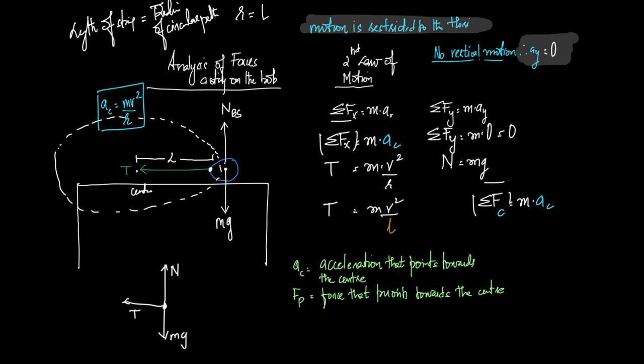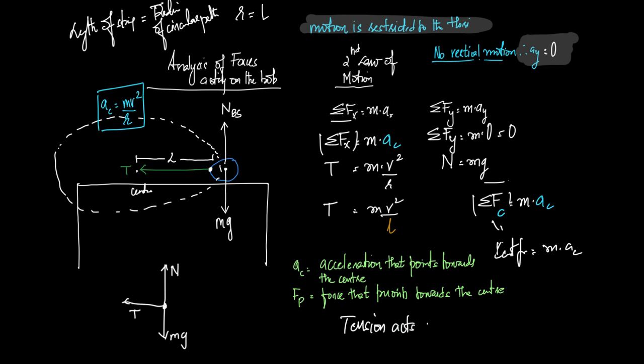Now, what is sigma Fc? Sigma Fc is actually what we call the centripetal force, because centripetal force is mass into centripetal acceleration. Very simple, right? So if you connect these two, it means that the centripetal force is actually the tension in the string. So if we were to write it otherwise, there is no special force that we call the centripetal force, right?